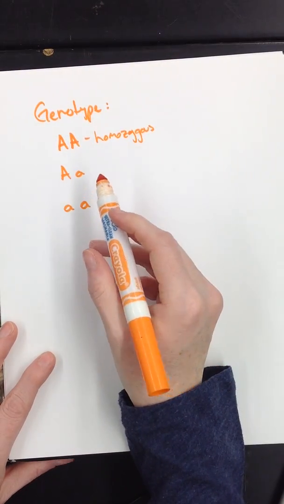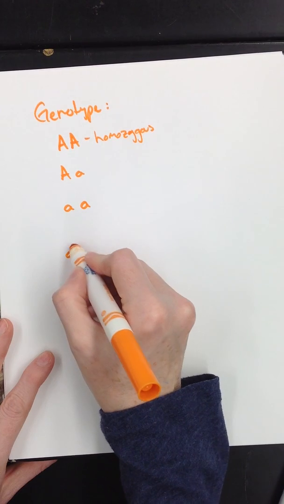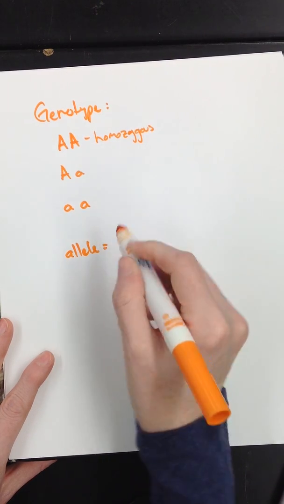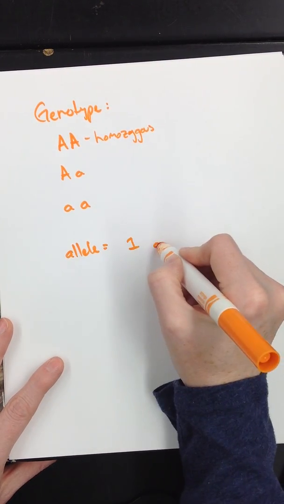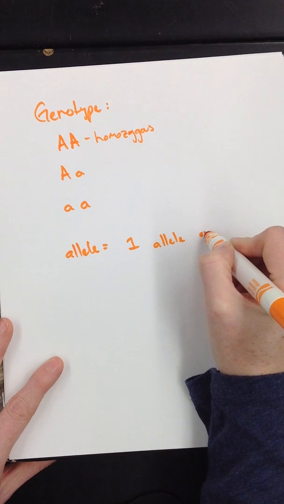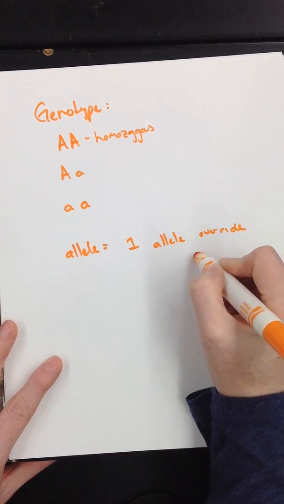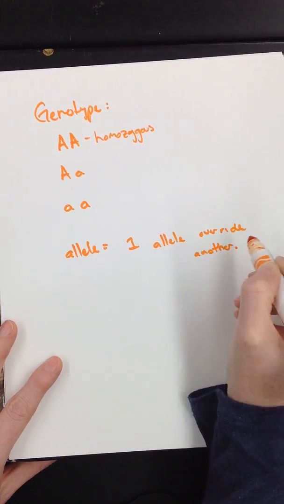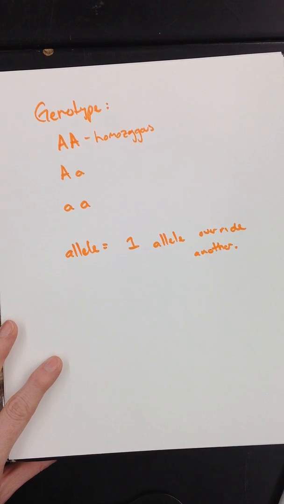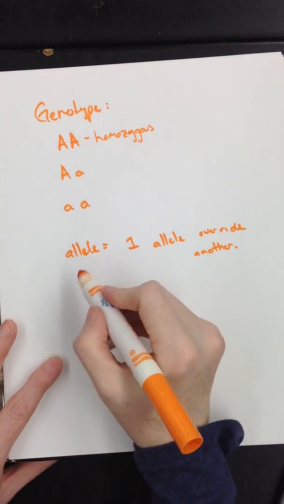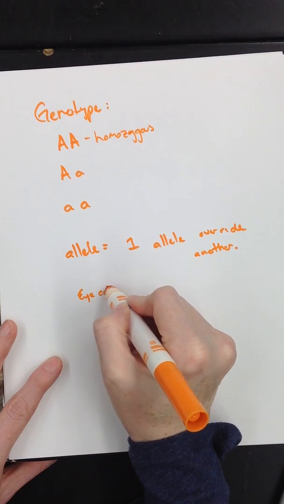But when we talk about, going back to that whole allele word, an alternative form, sometimes one allele will override another. So perhaps, let's just do eye color, right?